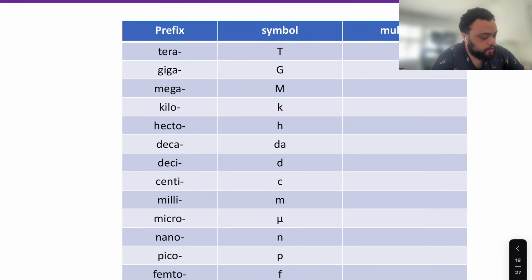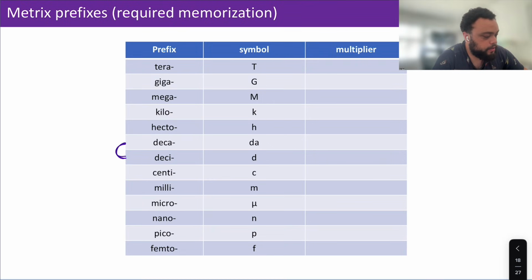So we're going to start around this area right here. This is a big table that tells you about prefixes. Now, you are going to have to memorize these, unfortunately. I apologize if memorization isn't your thing. We will eventually do this to the point where you will have them memorized, kind of whether you want to or not, hopefully. But it doesn't hurt to get a jump start on it.